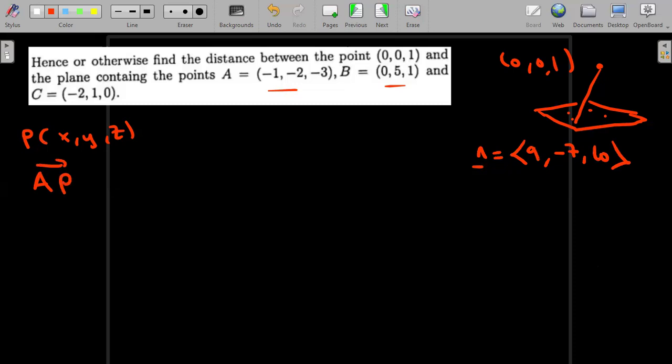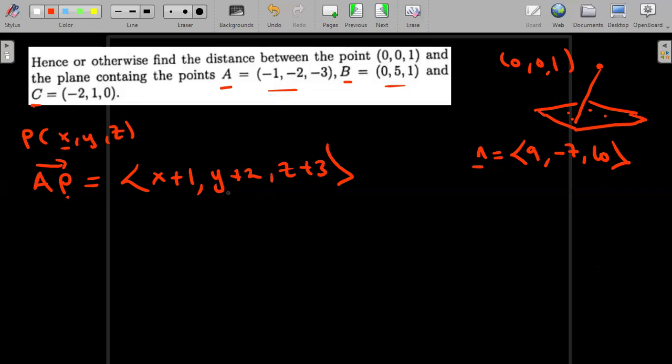So you can do this with any of the vectors that we use, either A, B, or C. So I'll just use A in this case. Then from the point P, that's where I'm ending from. So P, that would be X, then minus your A there is negative 1, so it will be plus 1. Then you have Y, so it will be plus 2 for Y, then Z to be plus 3. So you get this point here.